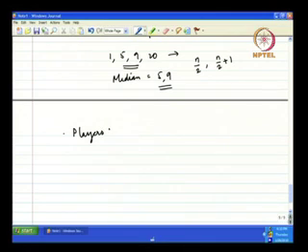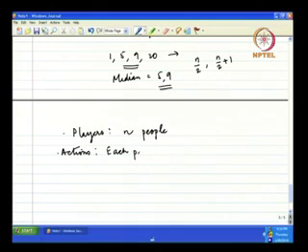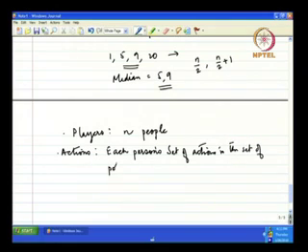So, if I have to set this up in game theoretic terms, there are n people, and the actions are as follows.